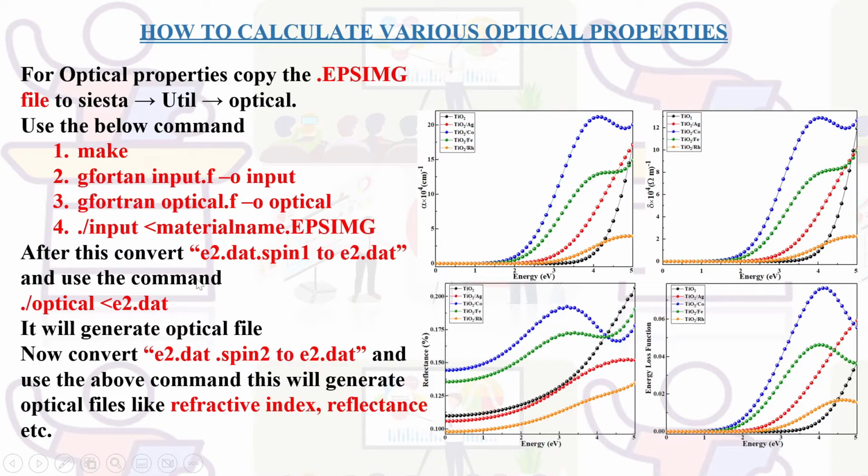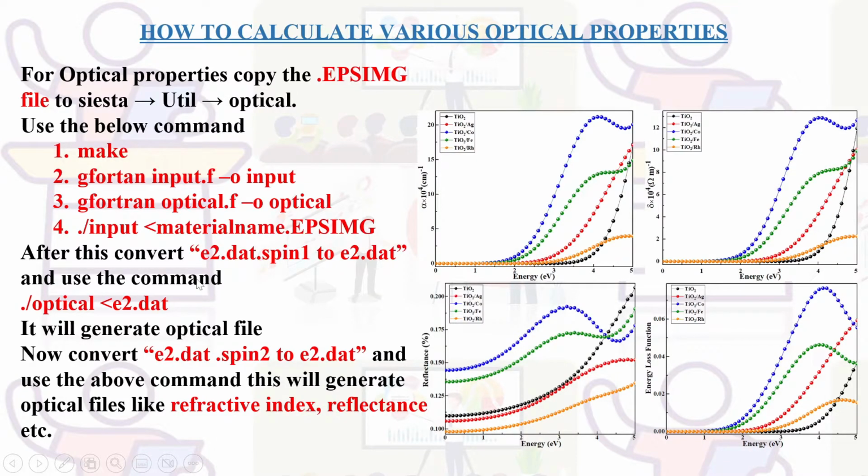So in the optical you need to run two times. First you need to run with dot slash input the EPSIMG file, which gives you the e2.dat.spin1, and then you rename this e2.dat.spin1 to e2.dat. And then this e2.dat we will use with dot slash optical, which will generate the optical files.